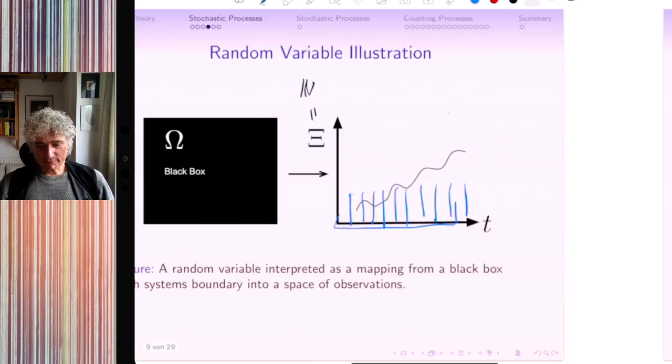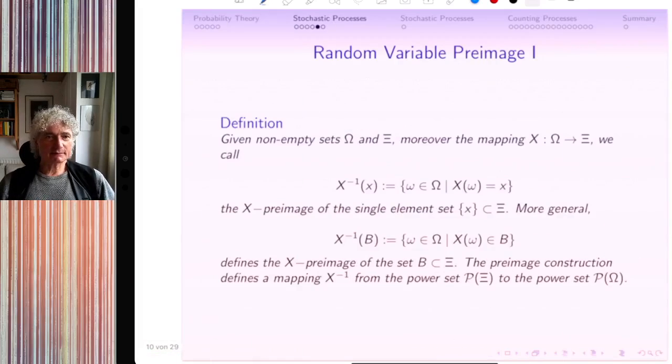Okay, so let's go a little bit further into the definitions. So a random variable pre-image is given by the mapping X to the power -1, the pre-image mapping.